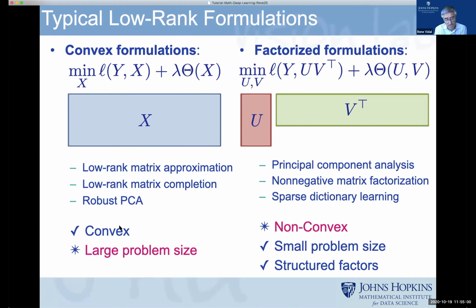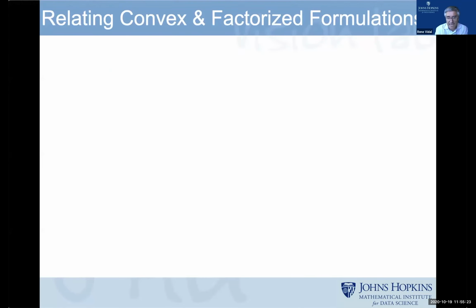The issue is that the problem on the left could be very, very large if the matrix X is large, while the problem on the weights could be smaller, particularly if X is low rank, then the number of columns of U and the number of columns of V could be significantly smaller. So how do we put these two problems together, and how do we exploit the fact that they may be relatable to each other in order to derive results of global optimality?